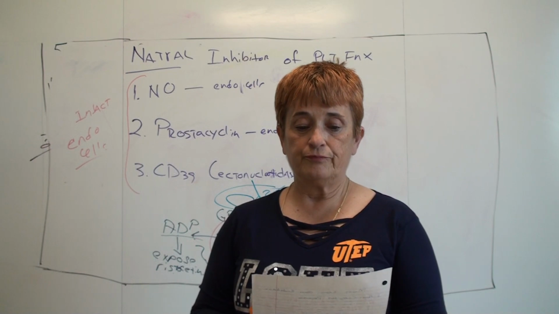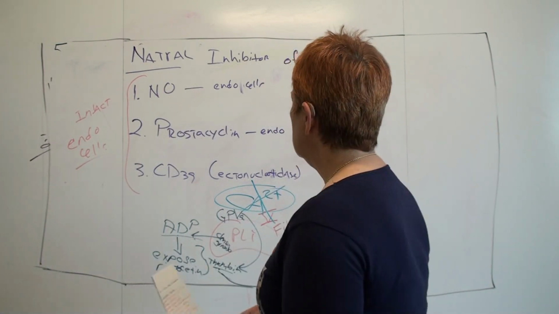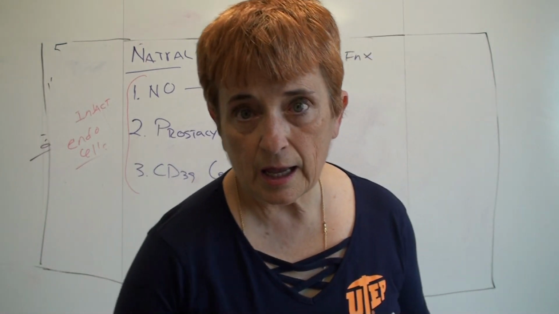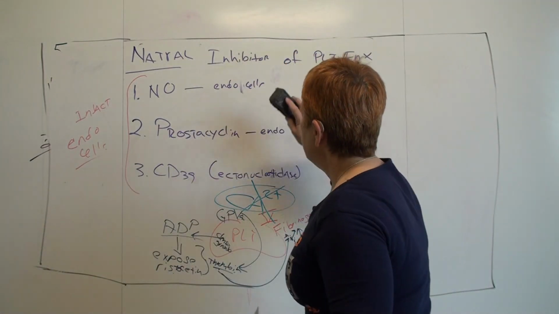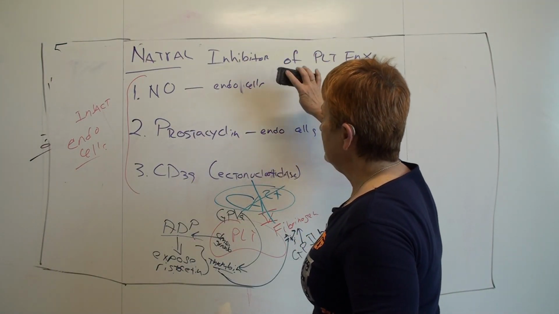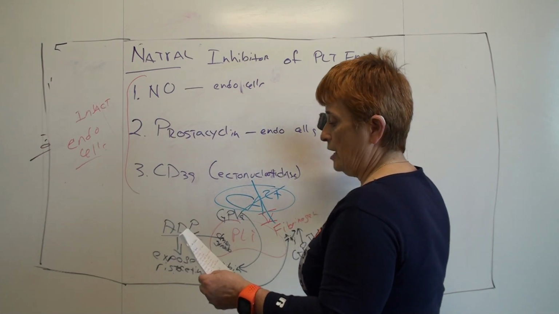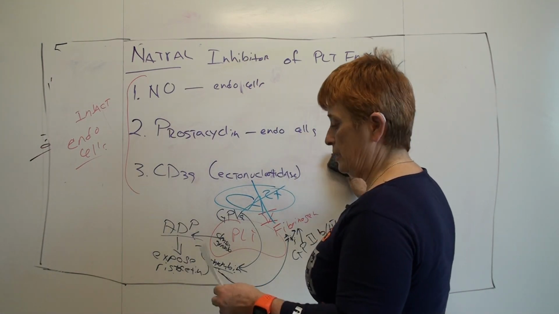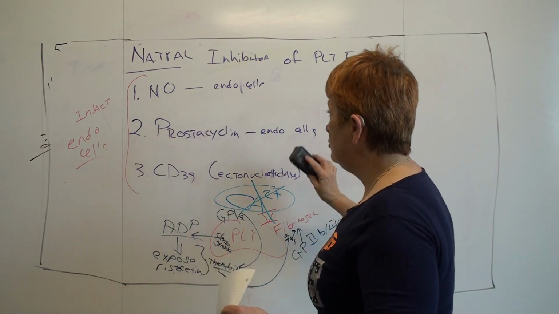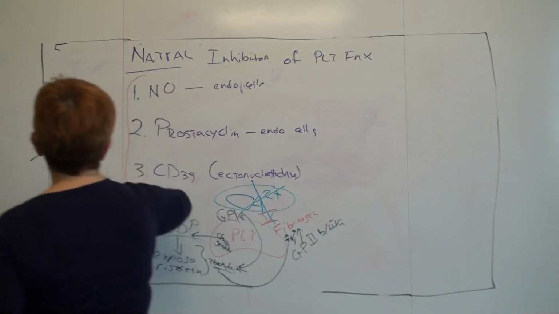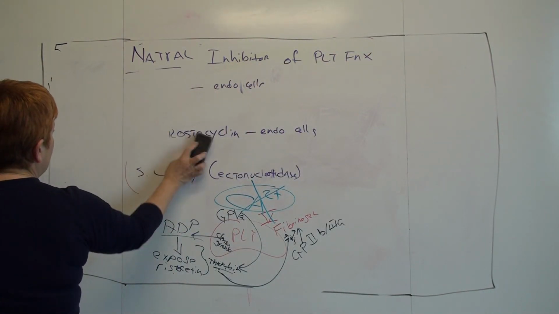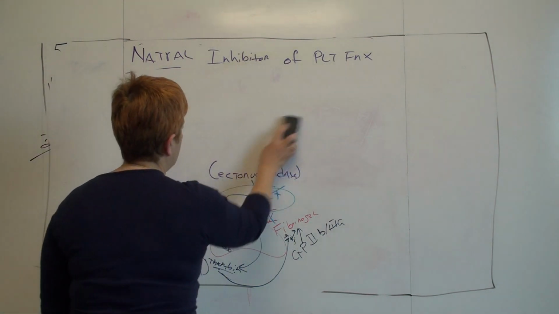Okay, so the next thing, besides your endothelium having nitric oxide and your prostacyclin and your CD39, there are some other things you need to remember. All right, very, very important about our endothelium.